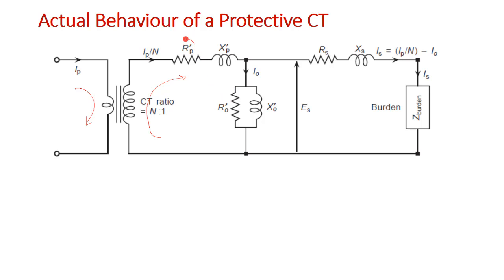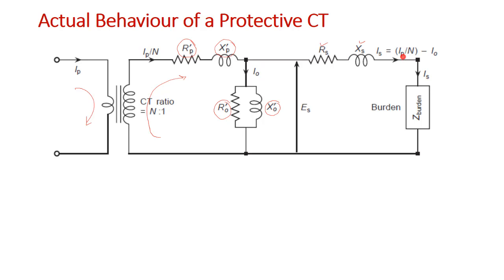So RP dash and XP dash are the referred primary resistance and leakage reactance, and RO dash and XO dash are the referred magnetization resistance and reactance, and similarly RS and XS are the secondary winding resistance and leakage reactance, right?